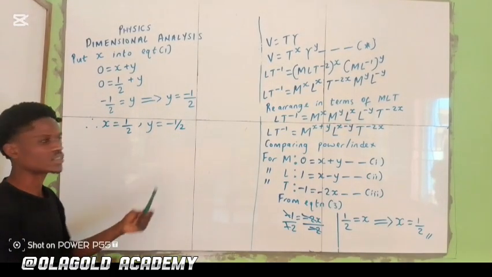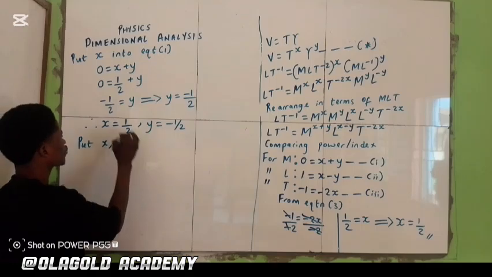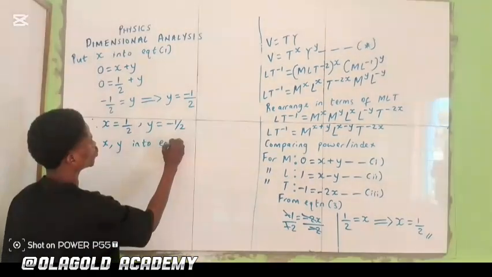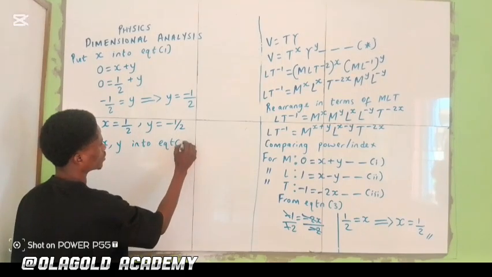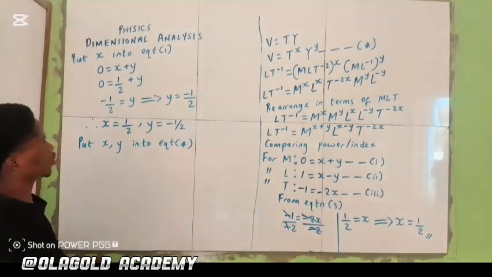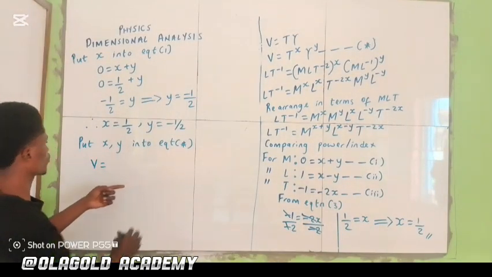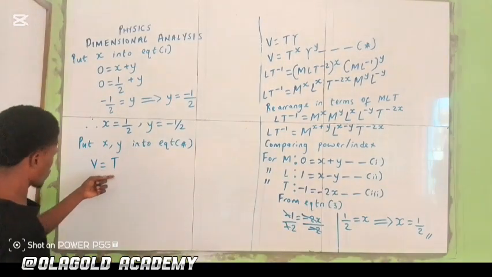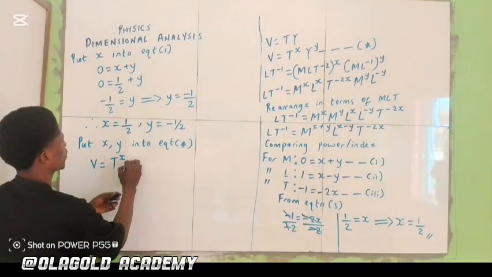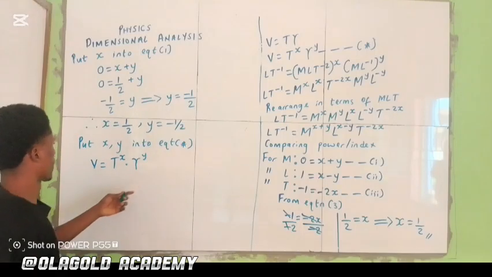So what's the next thing here? Put x and y into equation asterisk. So we're going to have our v to be equal to our t raised to power x dot our gamma raised to power of y.